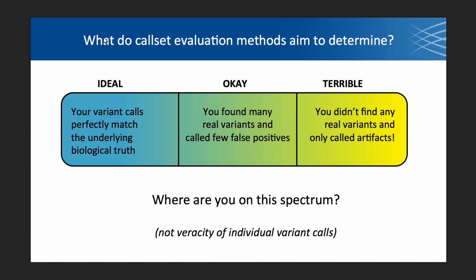Is it perfectly representing the underlying biological truth? Is it horrible? There's no real variance in it, and there are only artifacts, or is it somewhere in between? Hopefully it's somewhere in between.